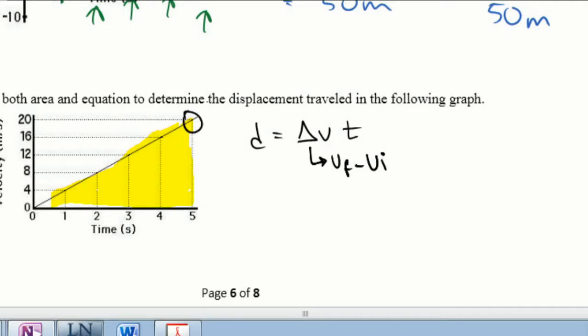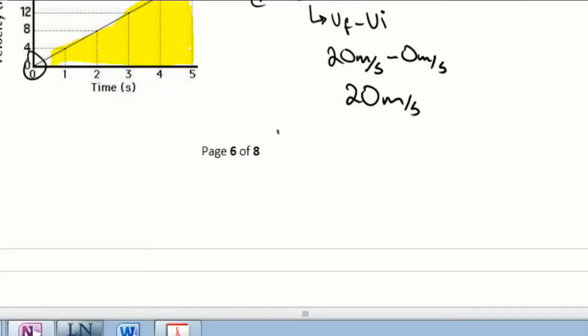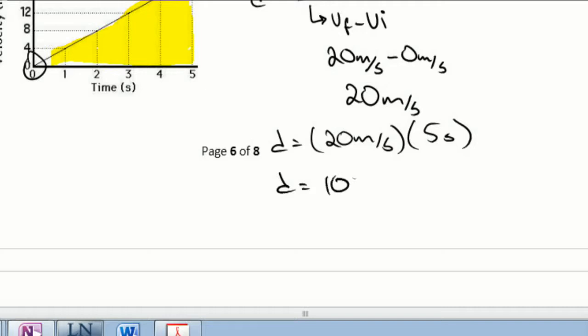So my final velocity at 5 seconds is going to be 20. My initial velocity at 0 seconds was 0. So 20 minus 0 is going to give me 20 meters per second as my change in velocity. So my distance or displacement is going to be change in velocity, 20, and my time was 5 seconds. My units again, 100 meters, 20 times 5 is 100.